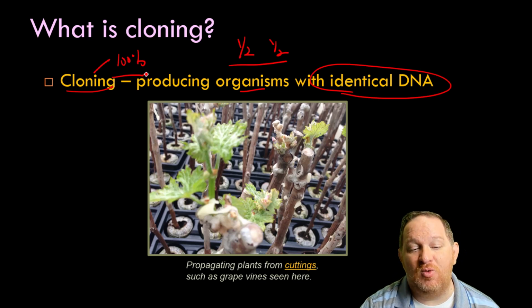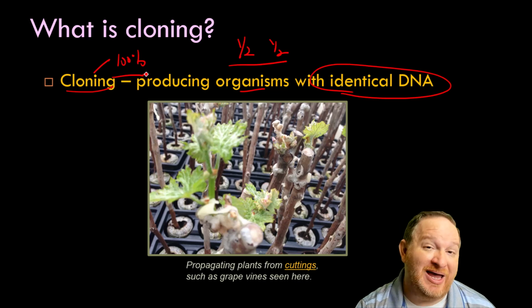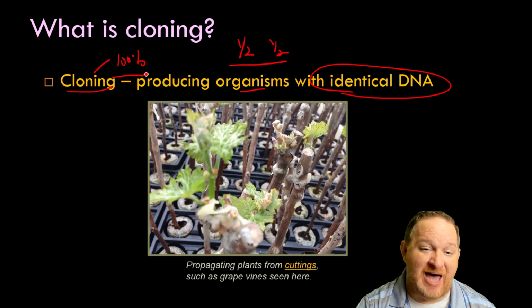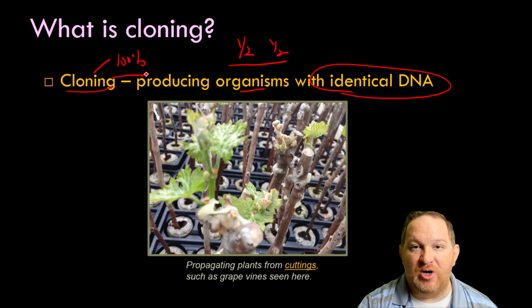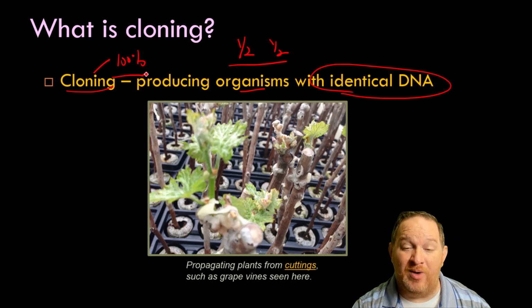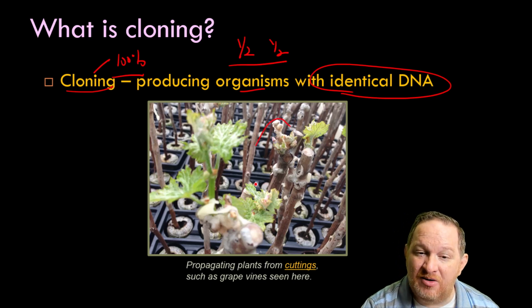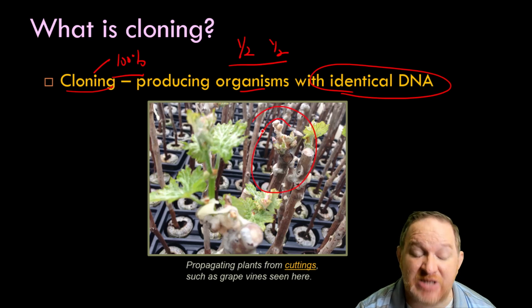In fact, many of the ways that we propagate plants, that is, we take certain trees and make more trees. Apple trees are a prime example, right? We don't take an apple seed and put it in the ground. What we actually do is we do a cutting from a particular plant, and then we can graft it onto a different stock.